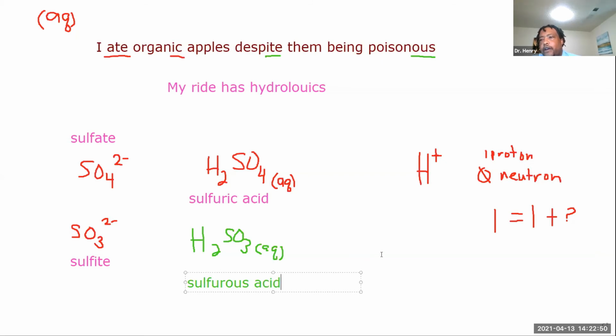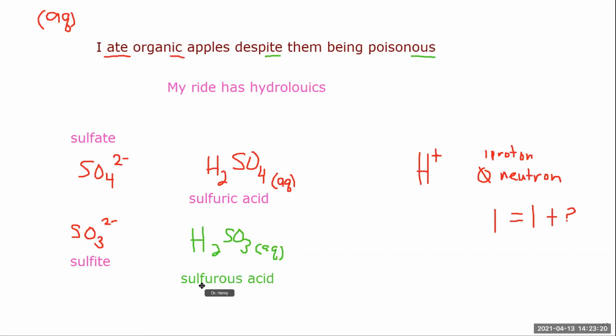I just add that extra I to make it sound spicy. So I add the ous and acid: sulfurous acid, okay?